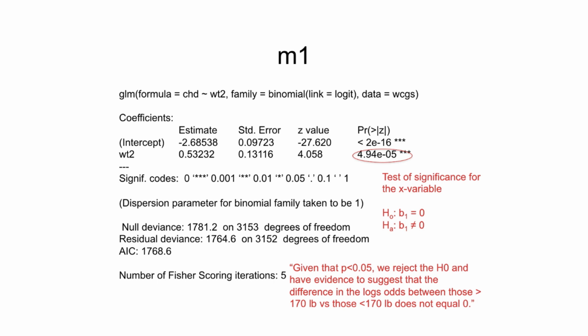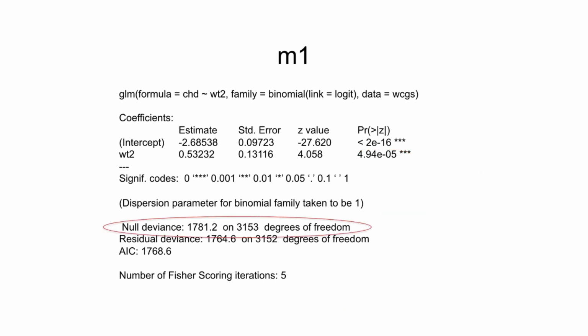The alternative hypothesis is that this difference does not equal 0. So in this case, given that our p-value associated with the weight coefficient is less than 0.05, we reject the null hypothesis and have evidence to suggest that the difference in the log odds between those greater than 170 pounds versus those less than 170 pounds does not equal 0.